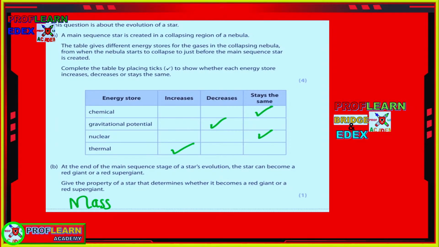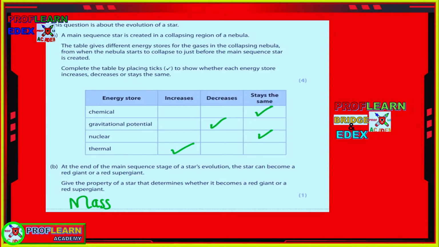Moving to this question, we are told that it is about stars, and a main sequence star is created from collapsing gases. The table gives the changes for the gases as they collapse, from when the nebula starts to collapse to just before the main sequence.